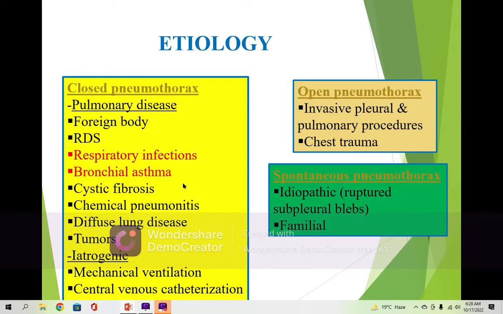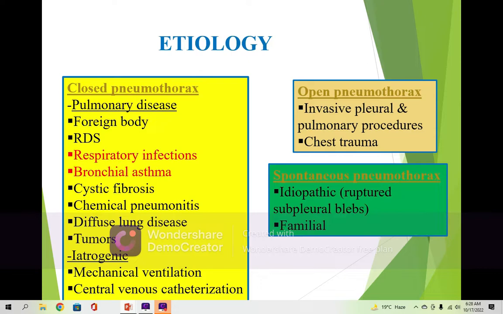Another question commonly asked in the examination is which is the commonest cause of recurrent closed pneumothorax. Where recurrent is concerned, it is the non-healing of tuberculosis.